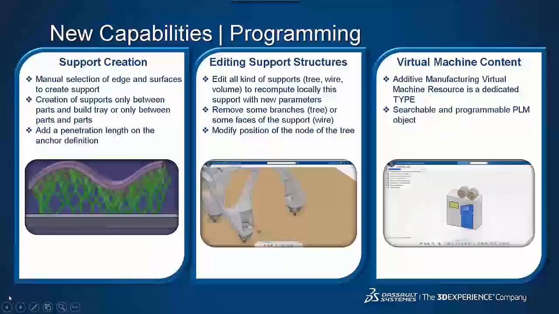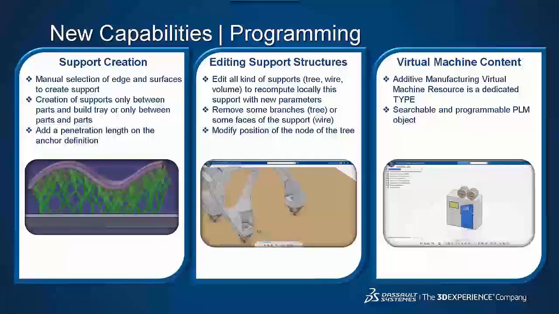Okay, so also in 2018X we have some different capabilities regarding support structures. So we've given the user some abilities for manually selecting the regions for the support structures. So you have some freedom now in defining where you want to have support structures between different components in your model, build tray, part, things like that, or between, say, nested components.